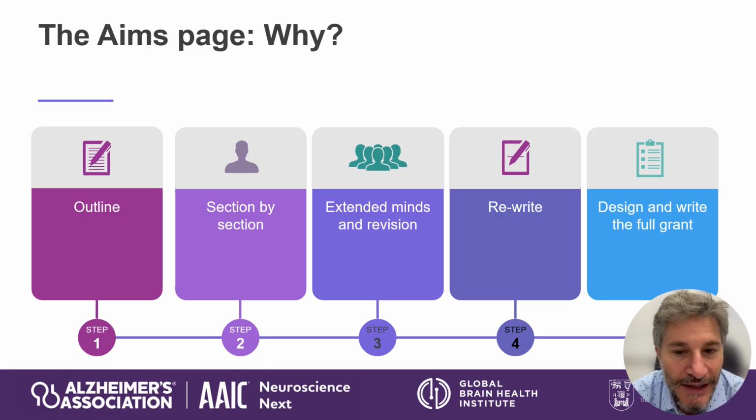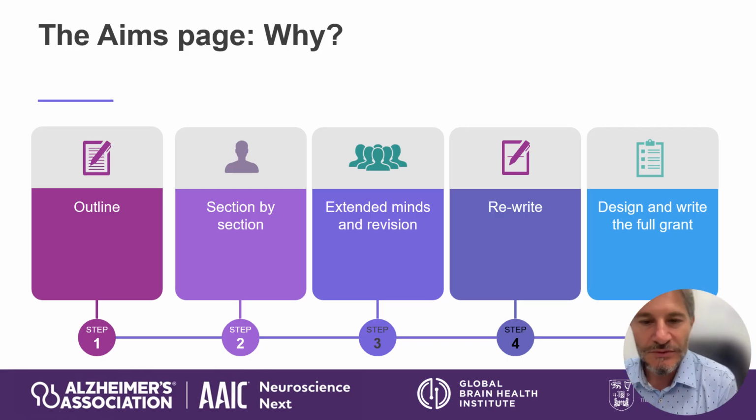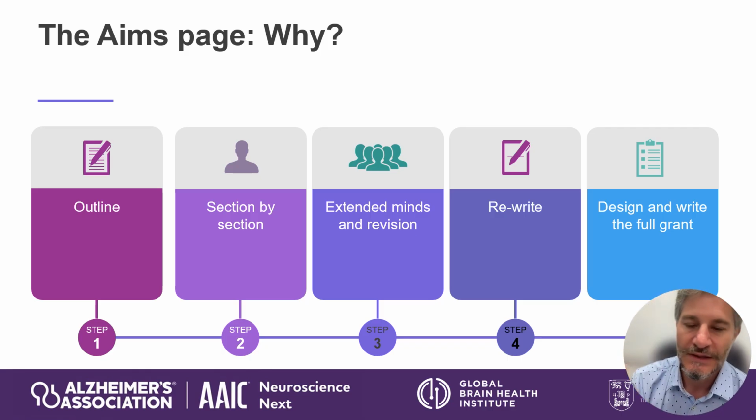Then you have to rewrite. Don't think of a grant as an inspiration that comes up in a single moment. This is the idea, or this is the story that you want to tell. But then you have to refine and write and rewrite. This is a very circular process in which you go back and forth across different aspects of the grant, and you identify gaps or problems in your writing, right?